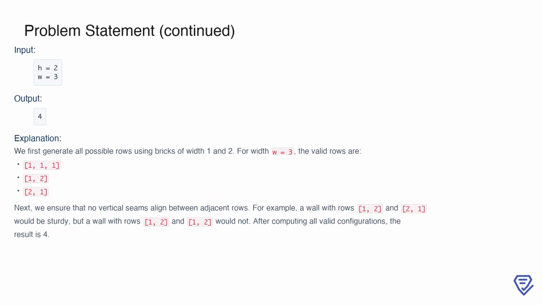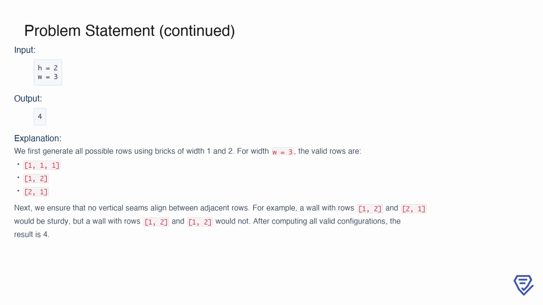Let's look at a concrete example to understand how this works. Suppose the height of the wall h is 2, and the width w is 3. First, we generate all possible rows of bricks for a width of 3 using the given brick sizes. These rows include 1, 1, 1, where all bricks are of width 1; 1, 2, where a brick of width 1 is followed by one of width 2; and 2, 1, where a brick of width 2 is followed by one of width 1.